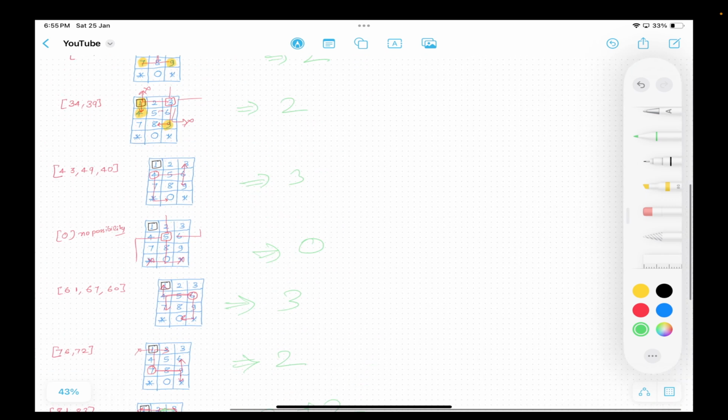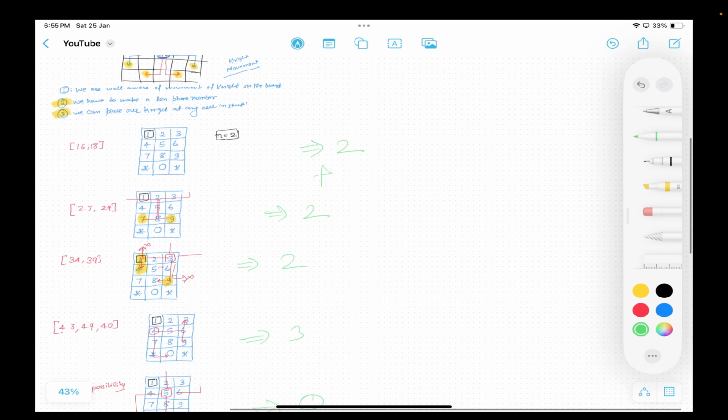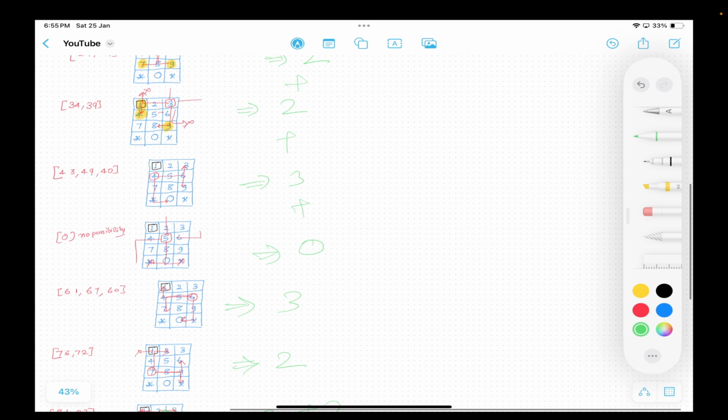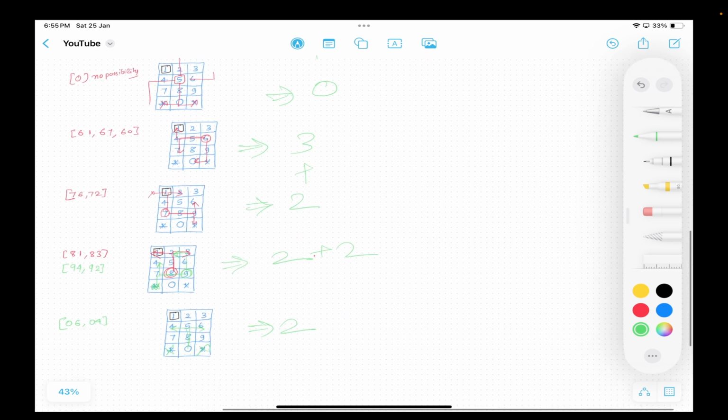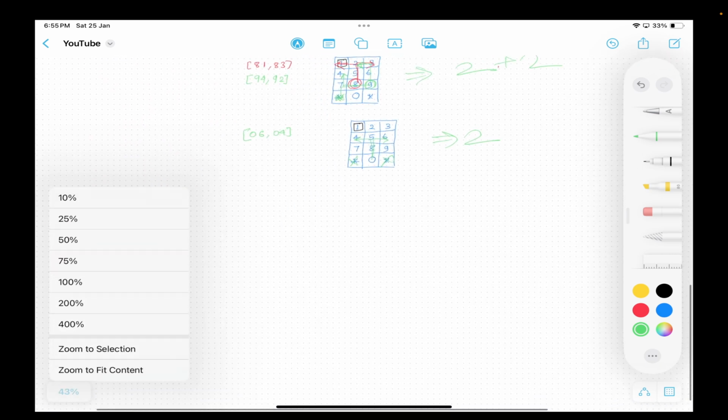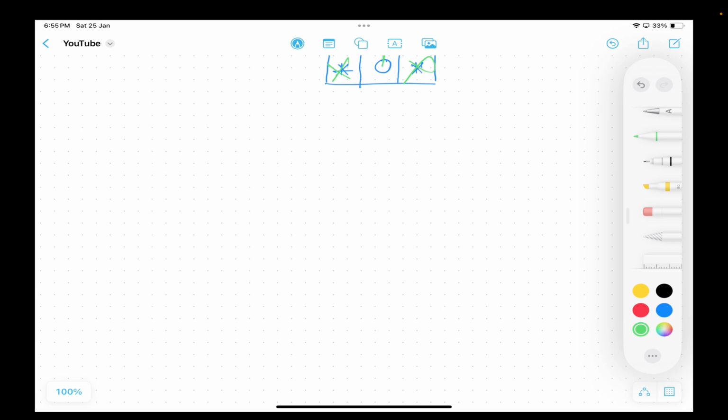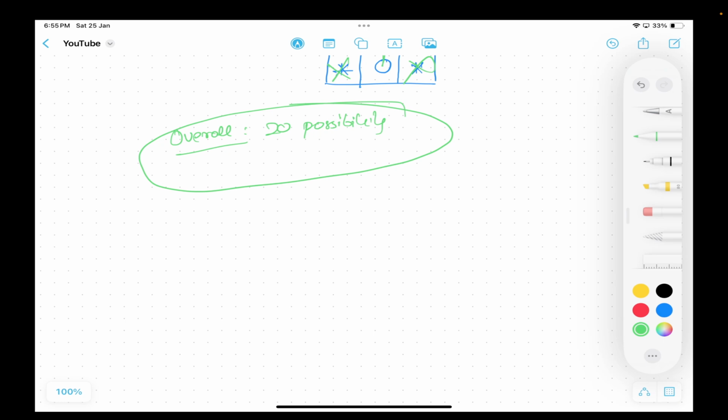So overall, if you sum all the different numbers: 2 plus 2 plus 2 is 6, plus 3 is 9, plus 3 is 12, plus 2 is 14, plus 4 is 18, plus 2 is 20. So you'll see you have overall 20 possibilities, which is the desired answer for n equals 2.